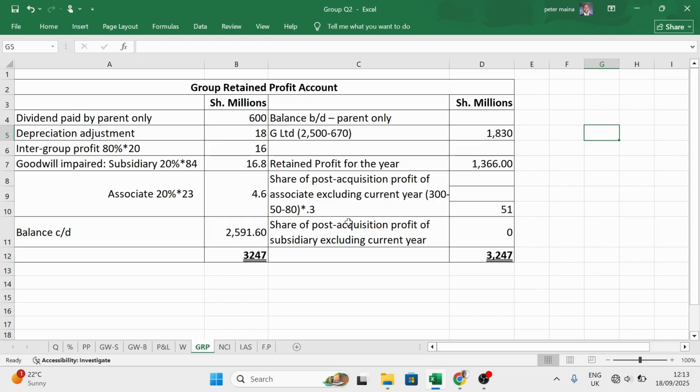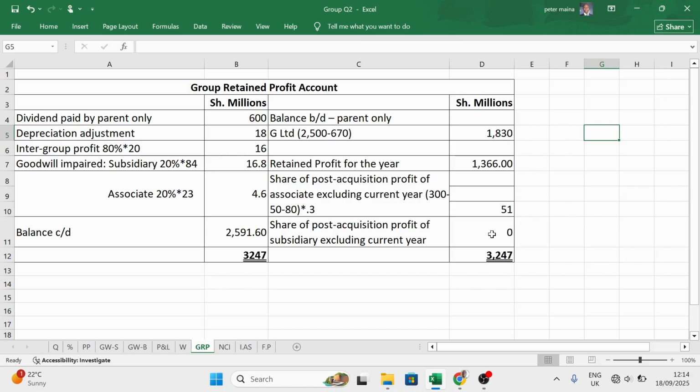Similarly, we do the same thing with the subsidiary. We're supposed to bring share of post-acquisition profit of subsidiary, excluding the current year's profit. We exclude the current year's profit because it has already been included in retained profit for the year attributable to the parent. So because we acquired the subsidiary 9 months to the end of the current financial year, all post-acquisition profit from subsidiary has been included in this figure of 1366.